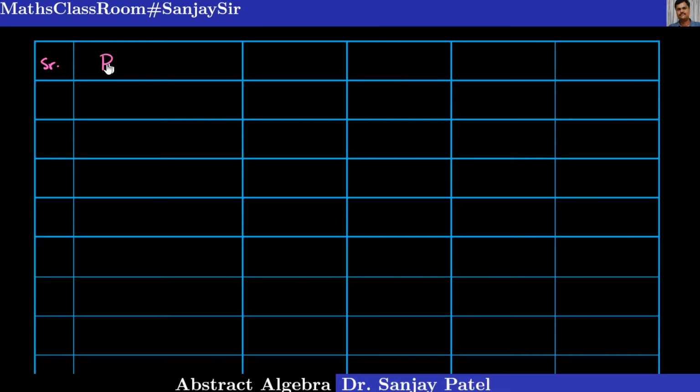Then I will write which ring I am taking here, or rather the set R and the operations plus and dot, and then I will write whether this is a ring or not, then whether it is an integral domain or not, whether it is a division ring or not, and finally whether it is a field or not. So this is a very important table.